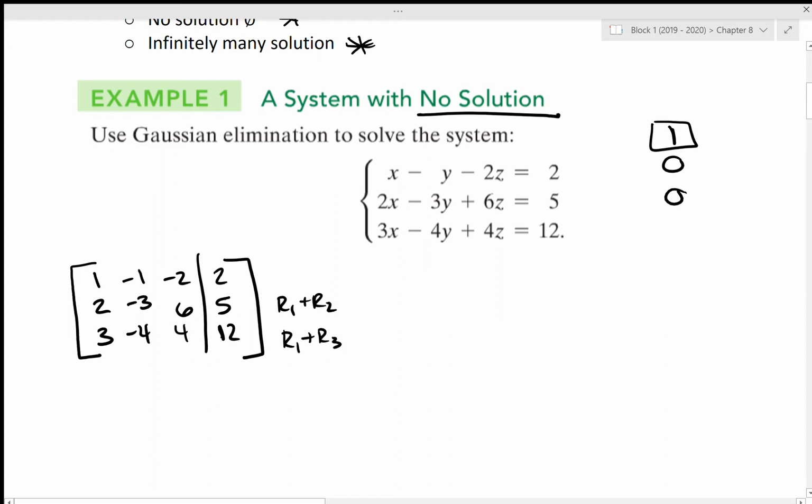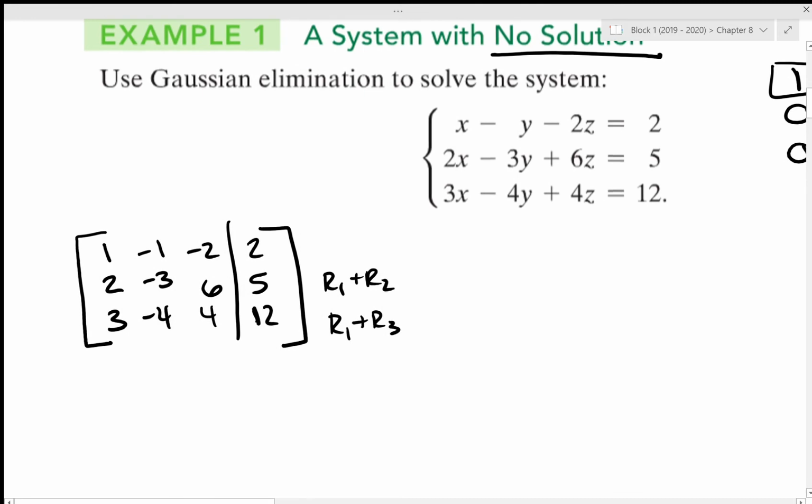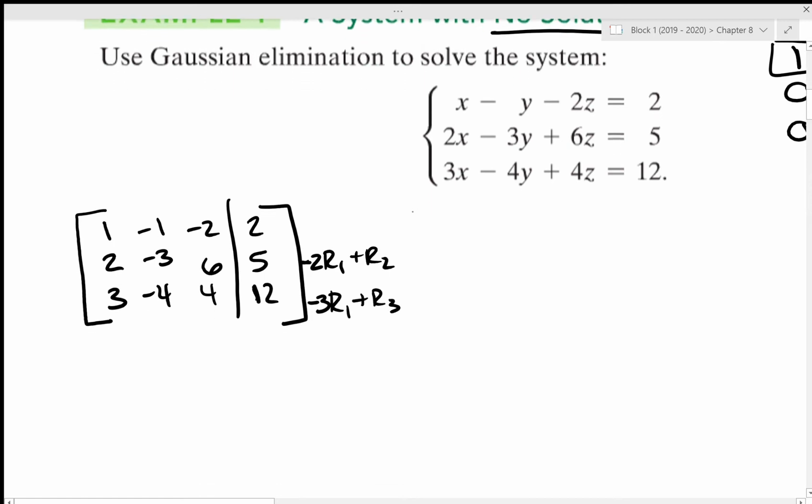Now, in order to get the 2 to be a 0, I need to multiply a negative 2 to row 1 and then add row 2. You could also multiply a positive 2 to row 1 and then subtract row 2. It's really up to you. I just chose to multiply a negative. And then for row 1 times negative 3 and then add row 3, you will get a 0 in row 3.